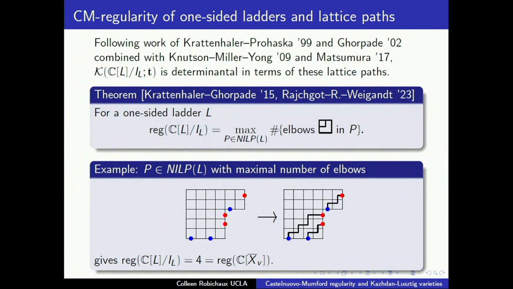As it turns out, the K-polynomials of these one-sided ladder determinantal varieties are going to be our vexillary Grothendieck polynomials. And it's also been identified, for example, in Knudsen-Miller-Young, that there are determinantal expressions for these K-polynomials.